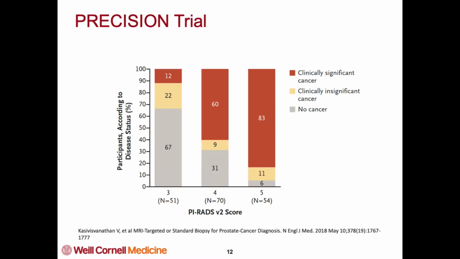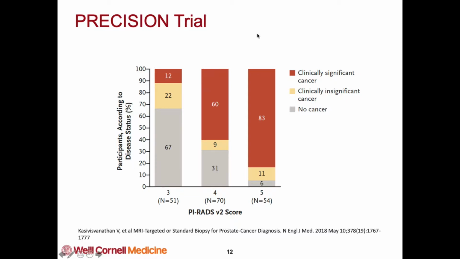If you go off of the PRECISION trial, a randomized controlled trial looking at the utility of MR-targeted biopsy compared to simple systematic biopsy, they showed that using MR fusion and MR-targeted biopsy, you had an increased incidence of detecting clinically significant prostate cancer.